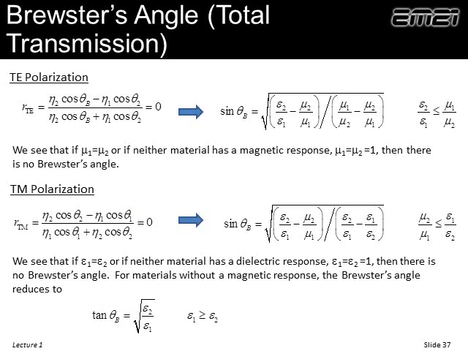So polarized sunglasses are built on this concept. The sunlight bounces off the water at an angle maybe close to the Brewster's angle, probably close. And so the TM polarization transmits into the water, so what is reflecting off of the water, the glare, is a TE polarization. So it makes sense.